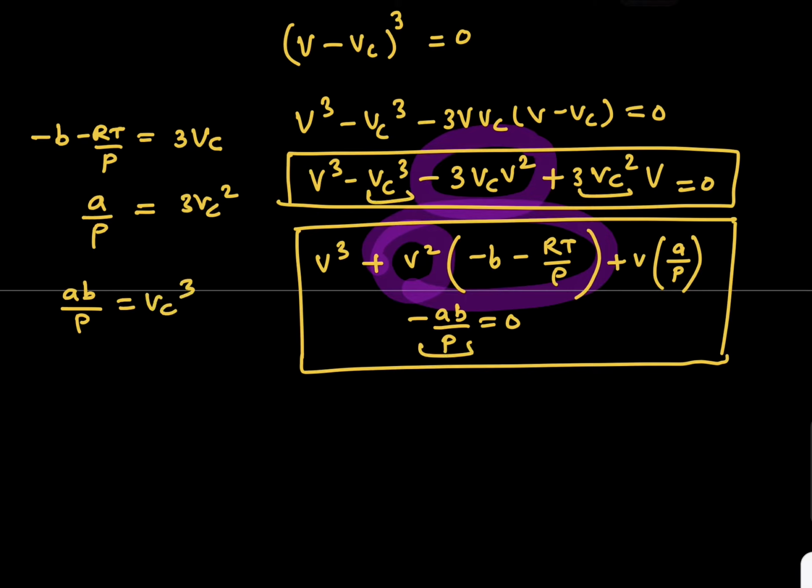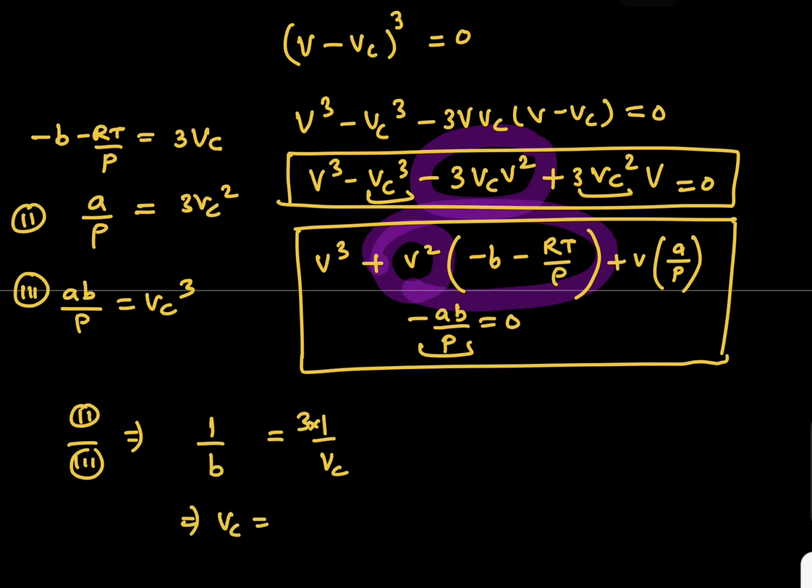Alright. If I divide the second and third relations, we achieve 1 by Vc, and 3 in the numerator, so 3 into 1 by Vc is equal to 1 by b, which gives Vc equals 3b. So we can say critical volume is 3 times b.